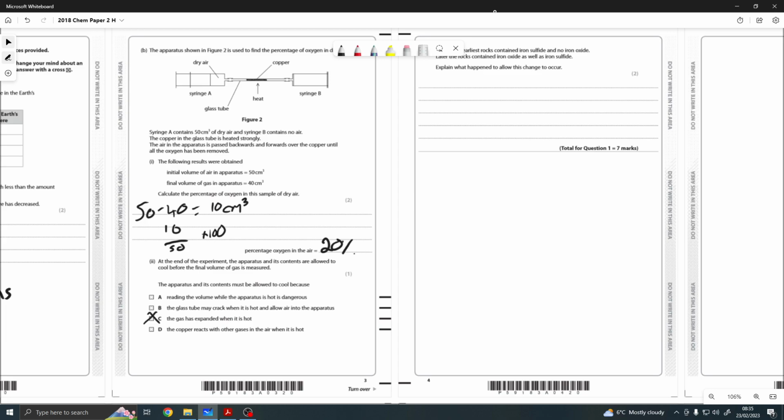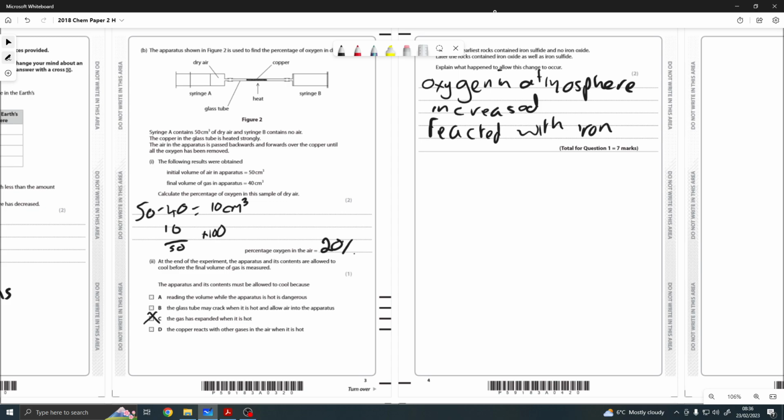So oxygen in the atmosphere must have increased, and that reacted with the iron or iron sulfide. There we go.